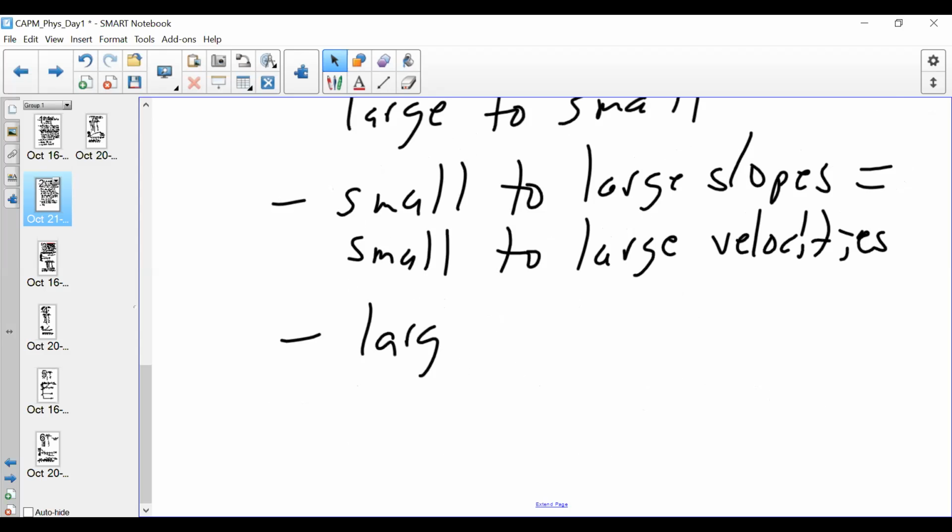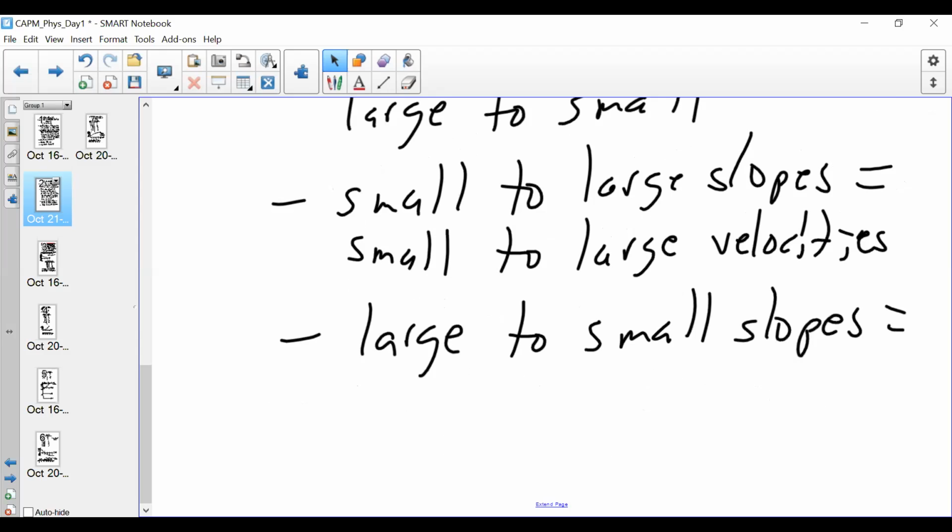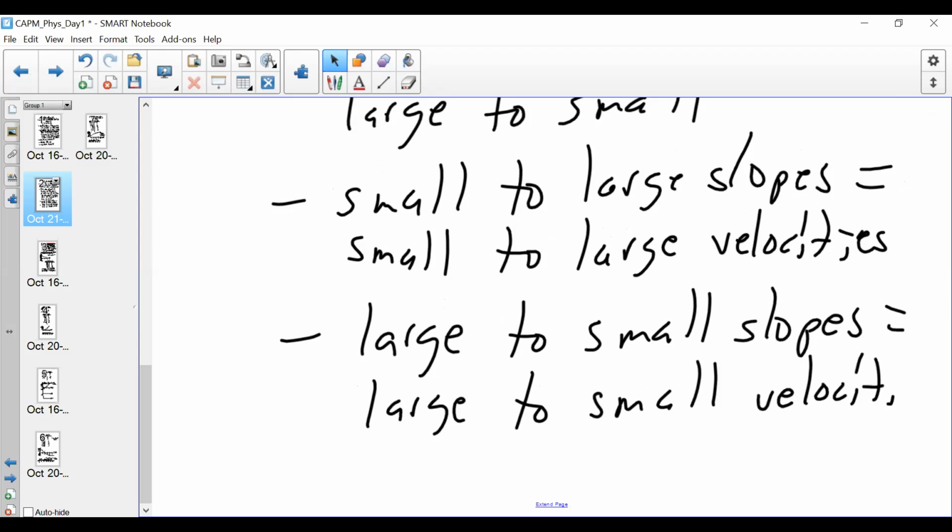Therefore, small slopes, large slopes, small velocities. And you see the transition from your abstract slopes in your math classes to an actual physical reality, which are velocities in this case.